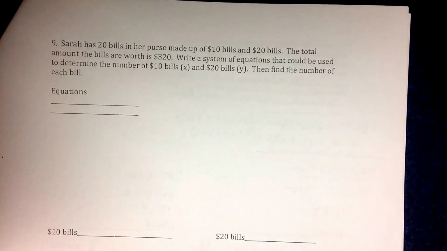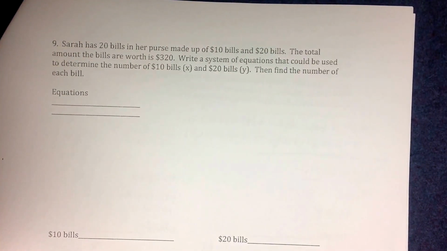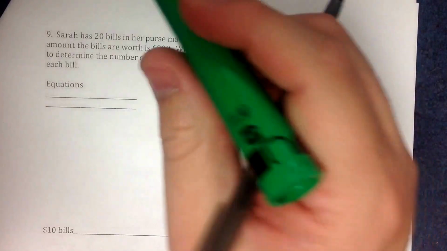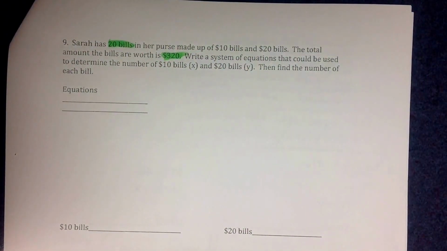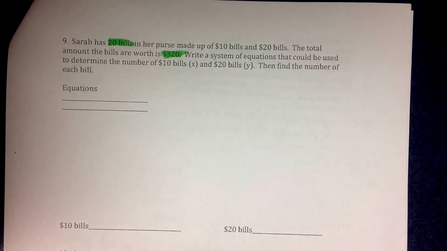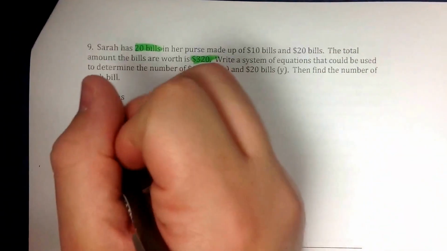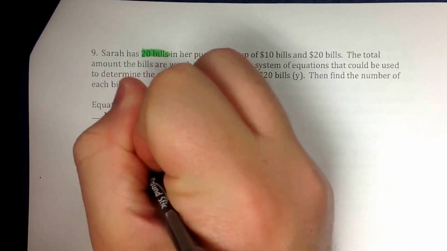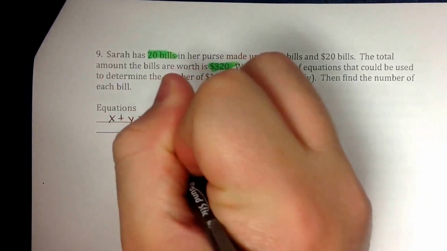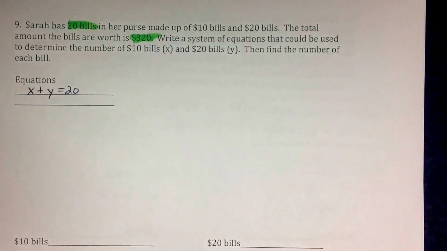So again, I just wanted to give you another type of problem. It's the same concept. Here though, we've got 20 bills and it's worth $320. So my first equation would be the number of $10 bills, which is x, plus the number of $20 bills, which is y, equals the total bills, which is 20.